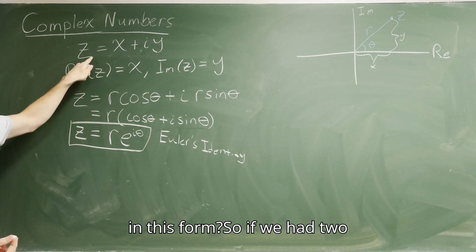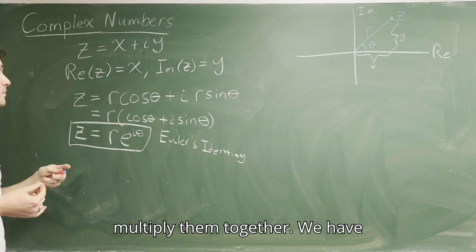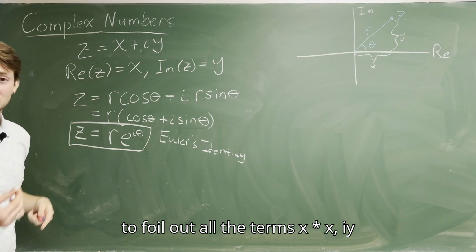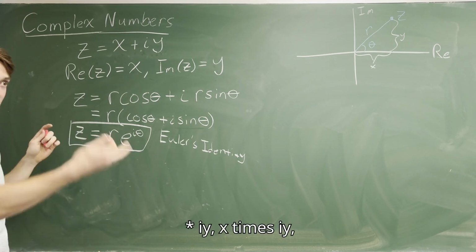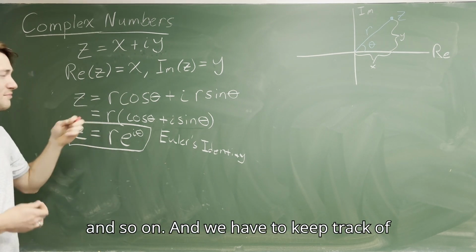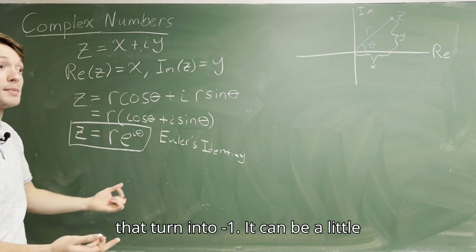So if we had two complex numbers in this form, and we multiply them together, we have to FOIL out all the terms, x times x, iy times iy, x times iy, and so on. And we have to keep track of the i's. Sometimes we'll have i squareds that turn into -1.